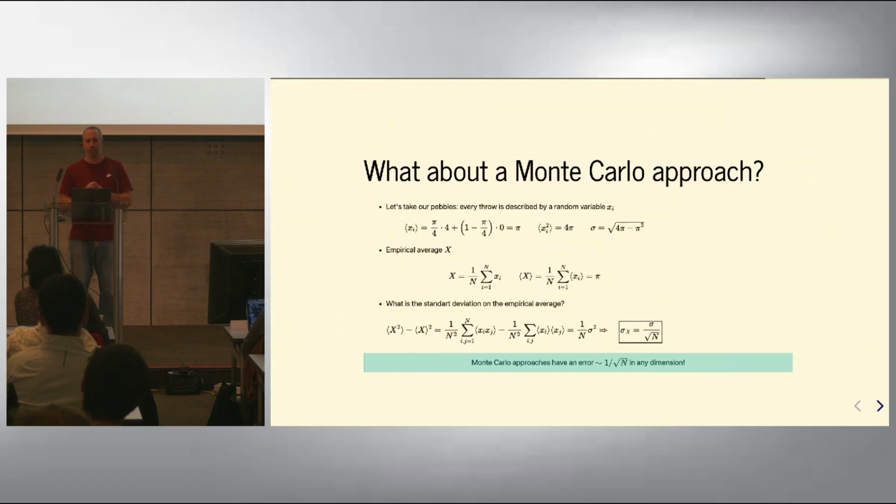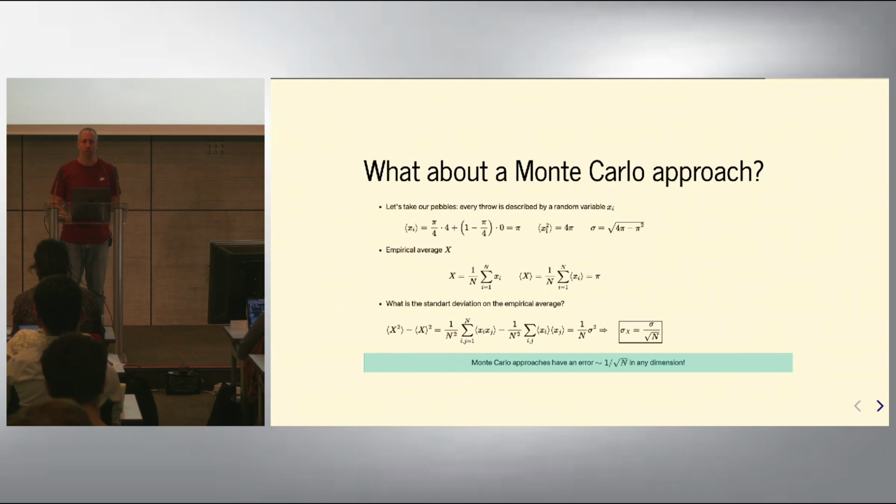So how do stochastic methods converge? Well, let's take our problem. Again, we had a random variable which had average value pi. Now what's the standard deviation? What's the statistical error I'm making if I make a single throw? On a single throw, you just take the average of the square.